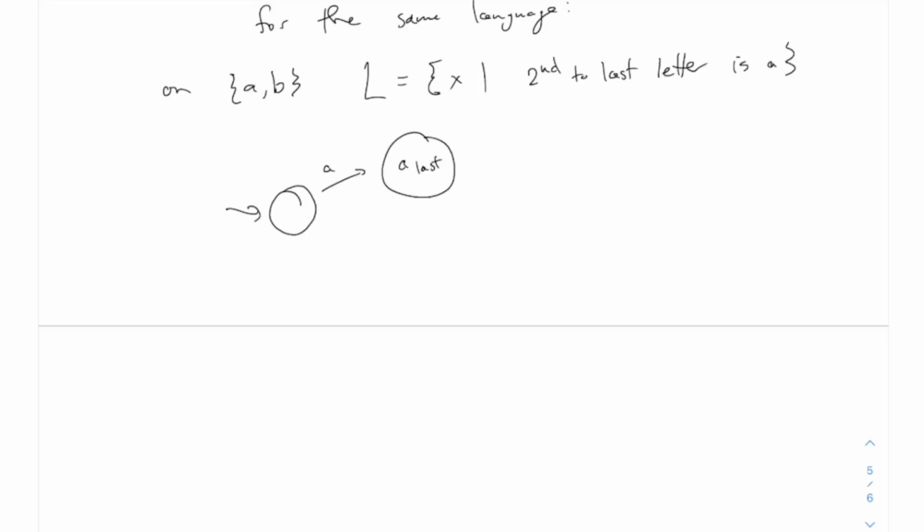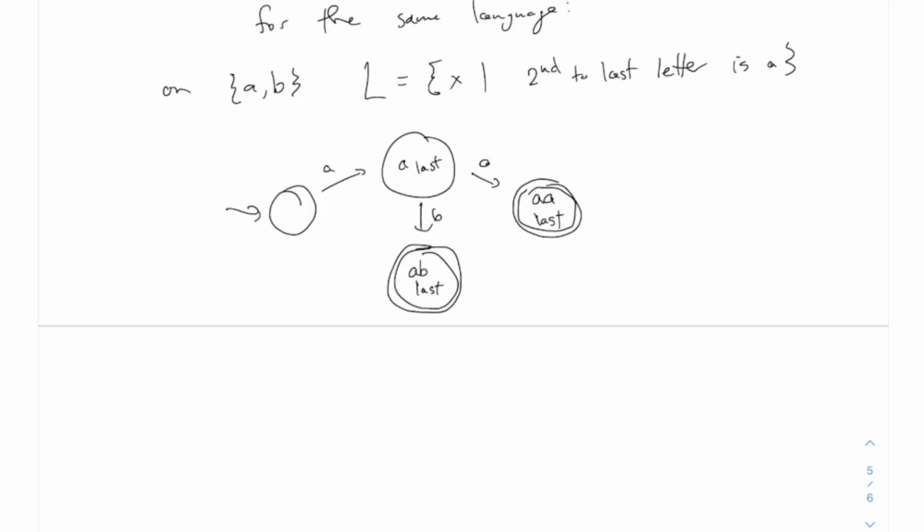If you've arrived in this state, it means the last letter that you saw was an A. Now if you see another A, this means AA is last, and this should be accepting because the second to last letter is A. Or if you saw a B here, it should also be accepting, but that means AB is last at the end, right? The end of the string at that point is AB.